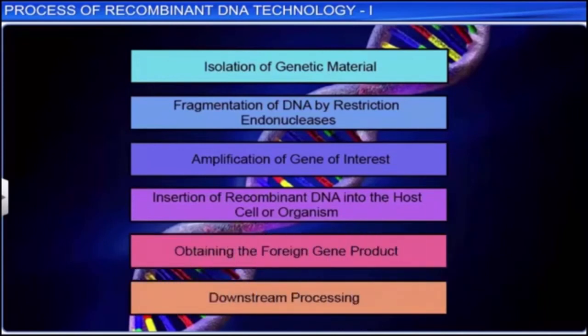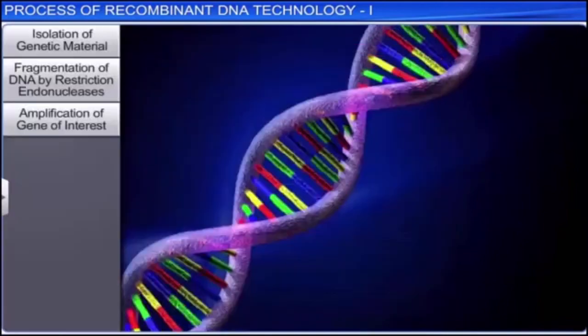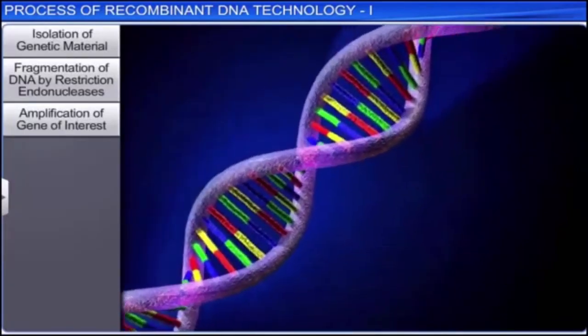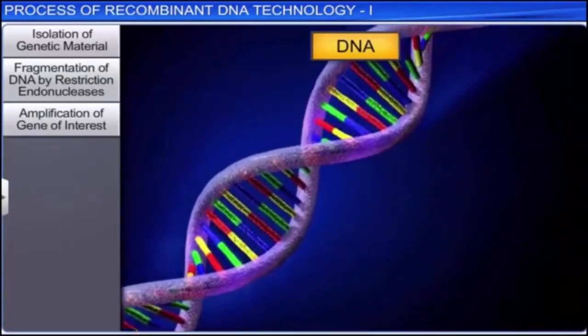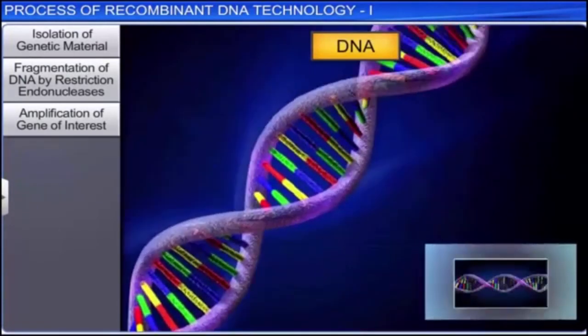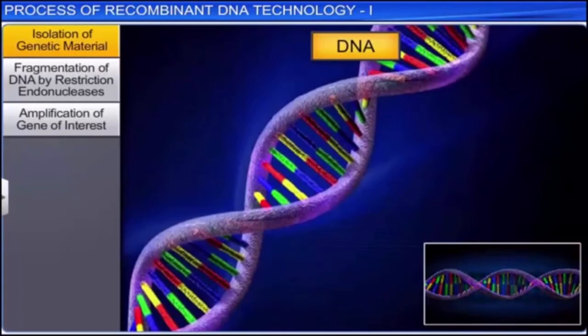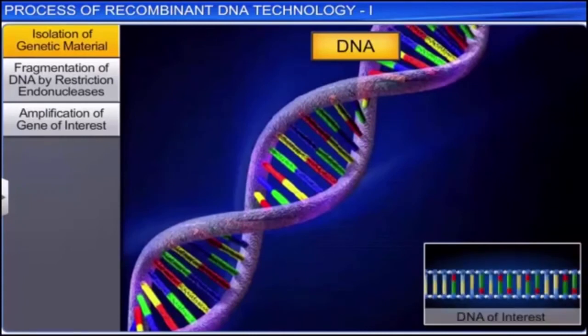Let us understand the processes that help carry out the first three steps successfully. The genetic material in most organisms comprises DNA. In recombinant DNA technology, the first step is to select and isolate the piece of DNA of interest to be inserted into a cloning vector.